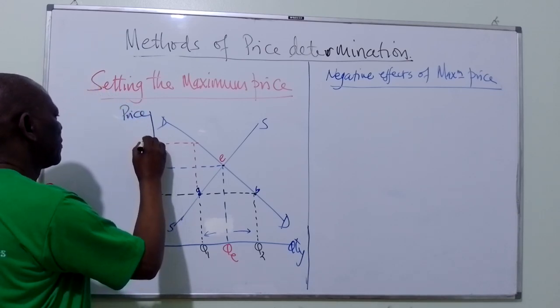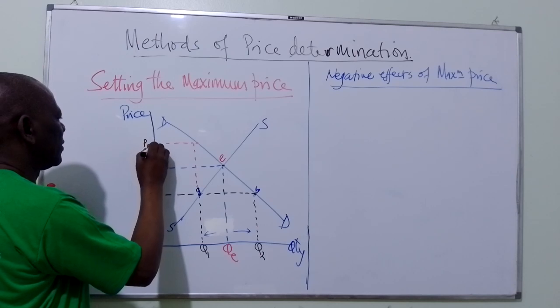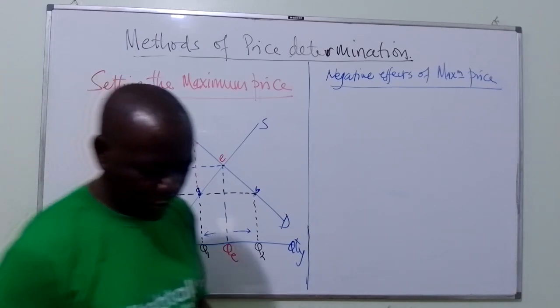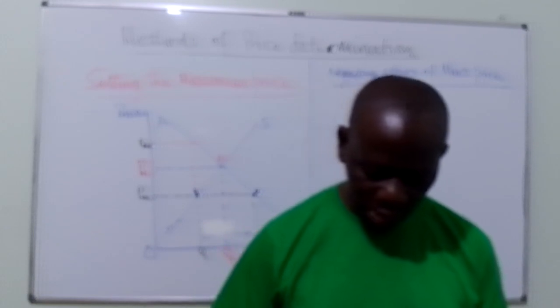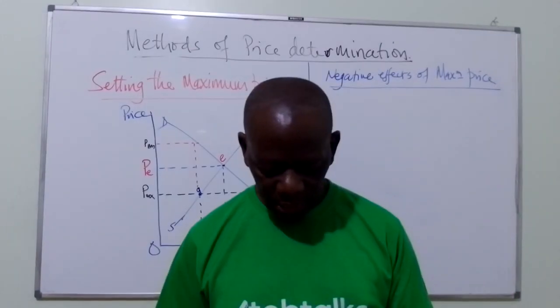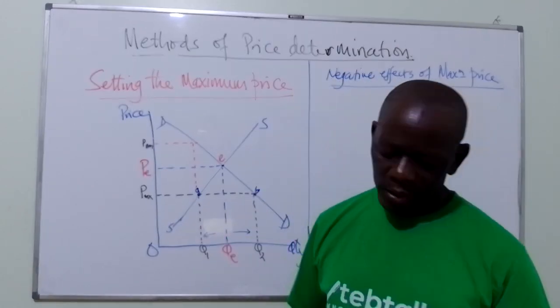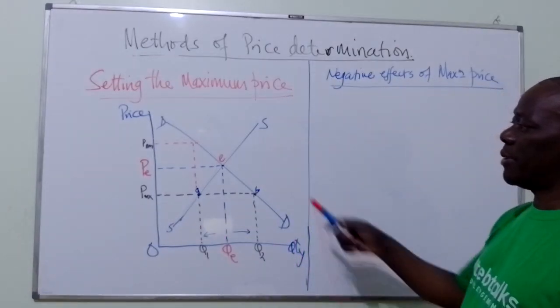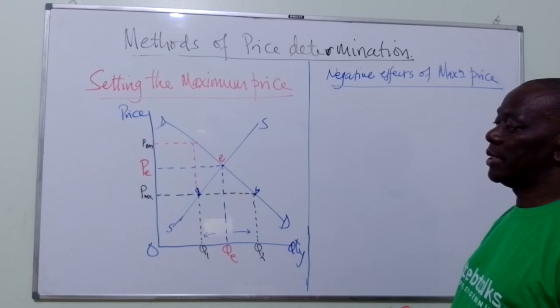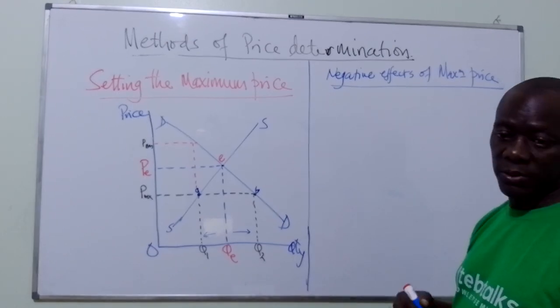This is the price of black market price. So I have put it there so that you can see it. We say maximum price, once it is set, it will lead to higher prices.